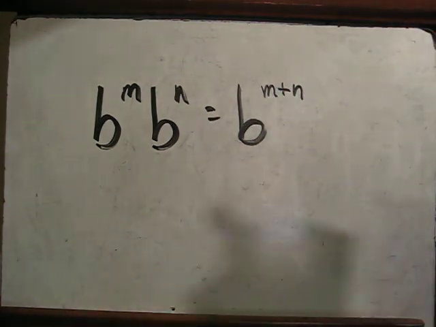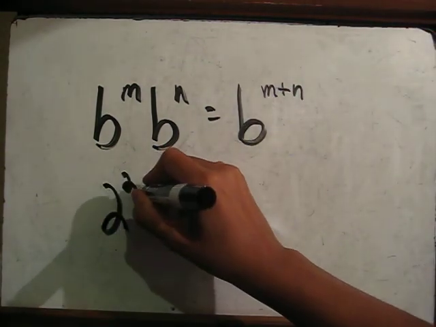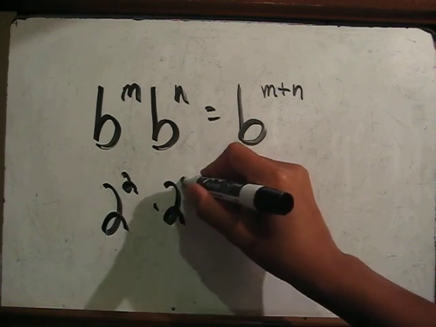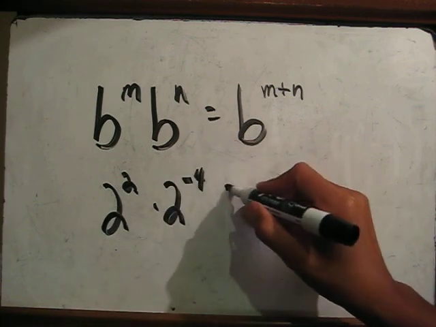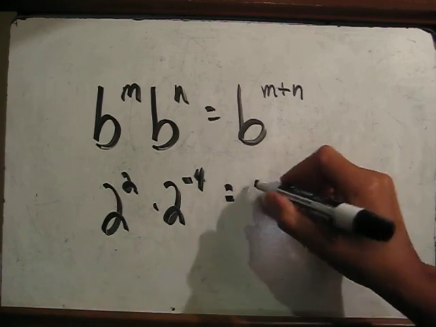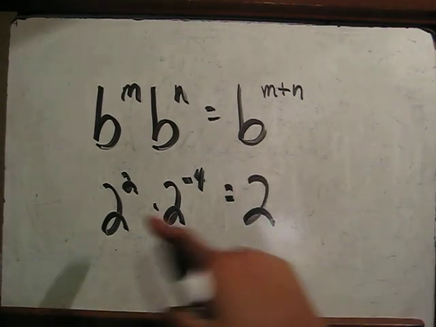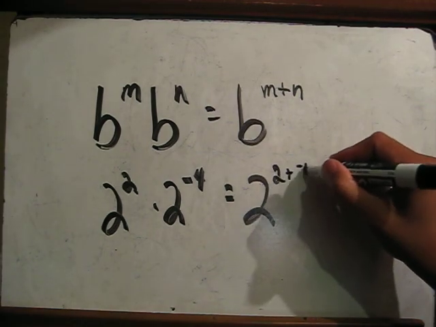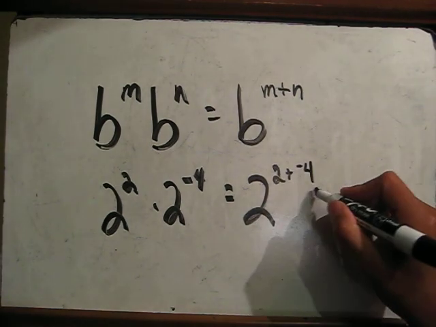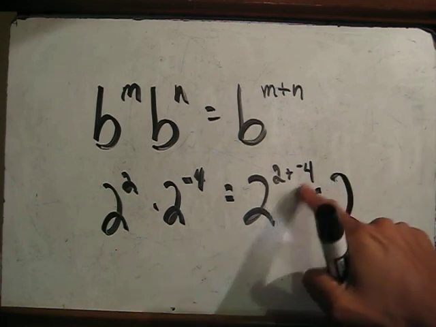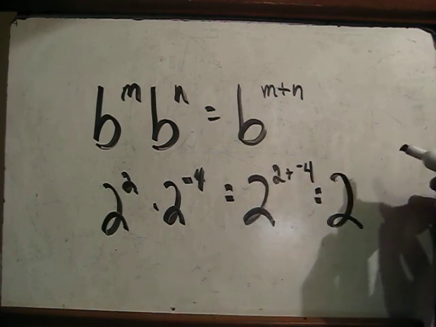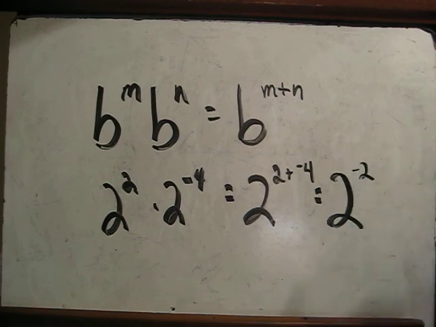So for instance, if I have 2 to the second power times 2 to the negative fourth power, remember, you keep the base, so we're going to keep the 2, but now it's 2 plus negative 4. So 2 plus negative 4 equals negative 2, so 2 to the negative second power.